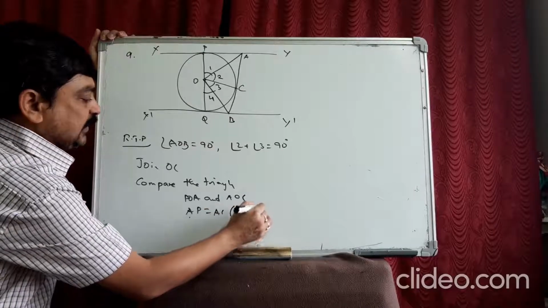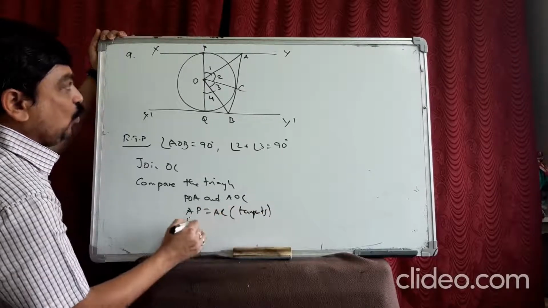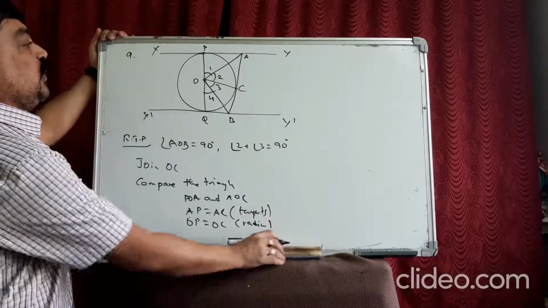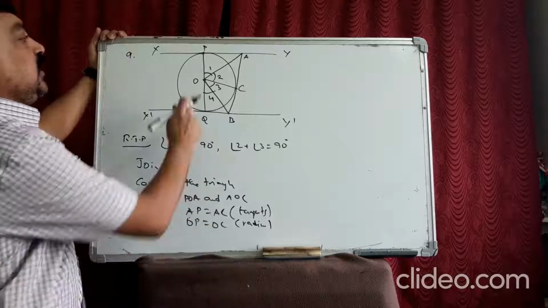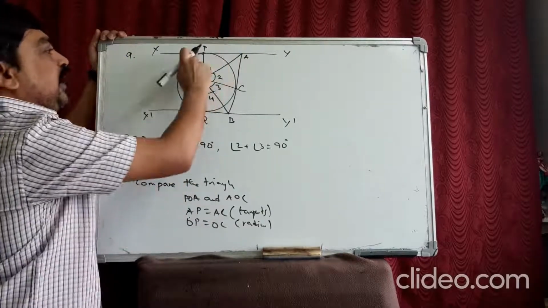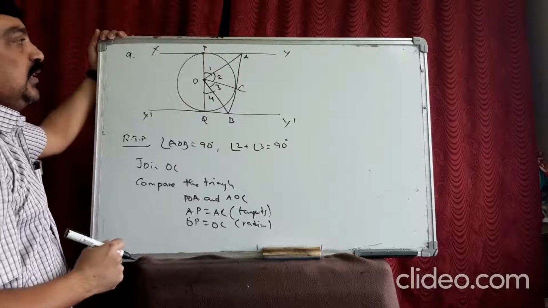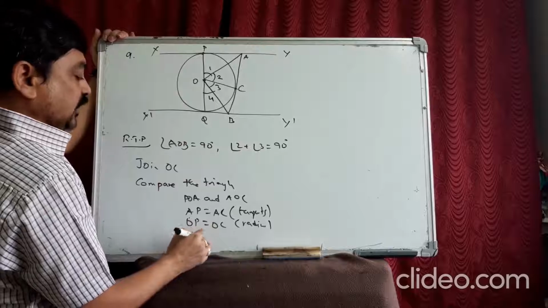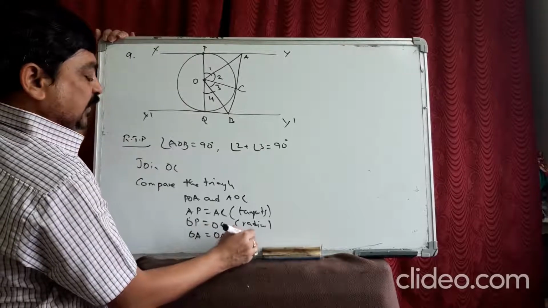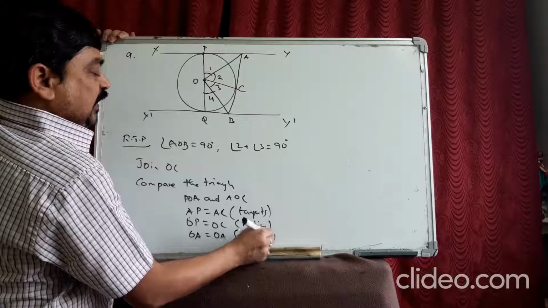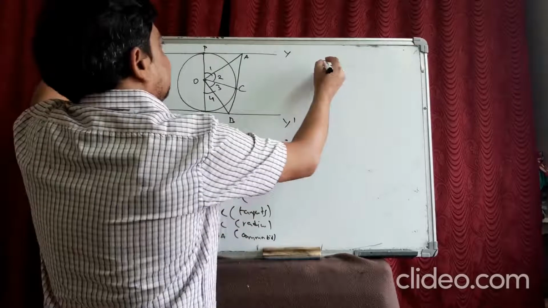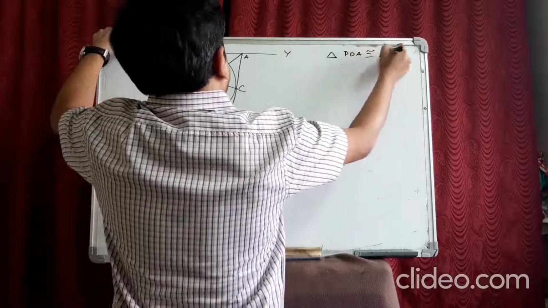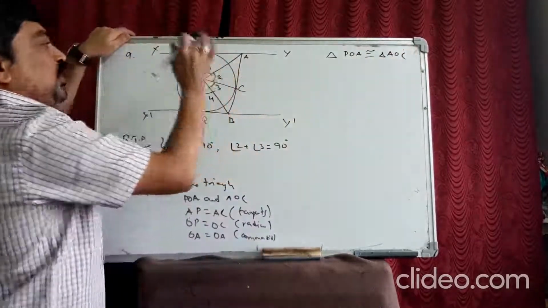And OP is equal to OC because these are the radius. See, now AP and OP, these are the radius and these are the tangents. Now, OA is the common side. That means all the three sides are equal. So you can say triangle POA is congruent to triangle AOC. This triangle is congruent to this triangle.